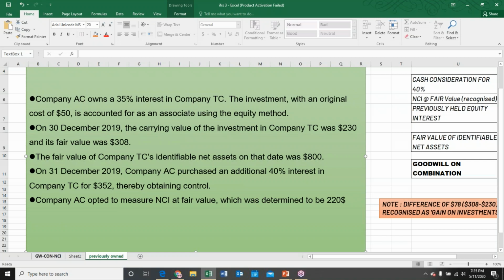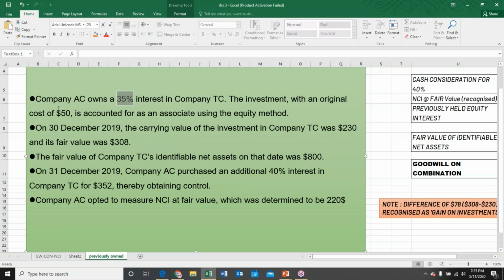Again, AC and TC are the acquiring company and the target company. Company AC owns 35% interest in company TC. So 35%, of course, is substantive, but not substantive enough to gain control over TC.